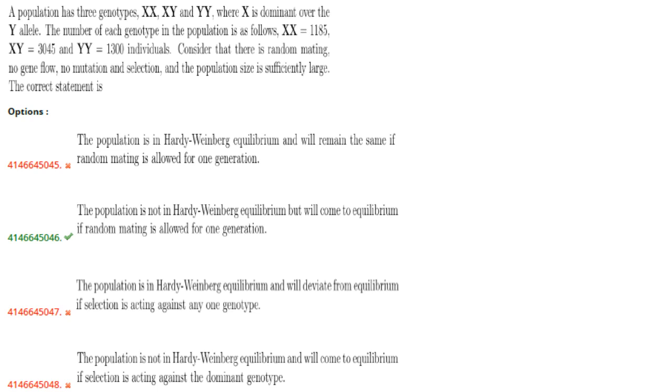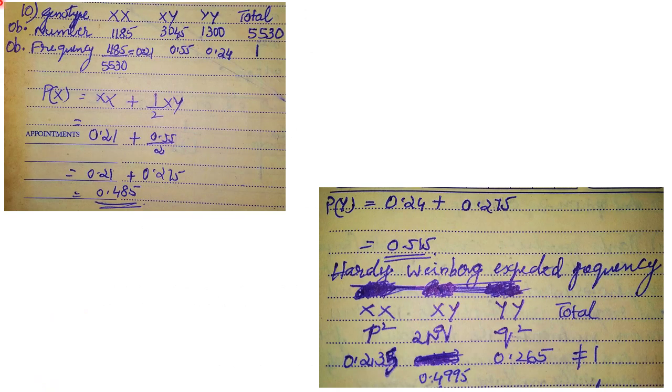So the correct statement is, we have to see that I have done in the next slide. What they have given here is genotype XX, XY, YY, and if you add all these, you will get the total as 5530. That is the observed number, not frequency they have given. Now from this value you have to calculate observed frequency.